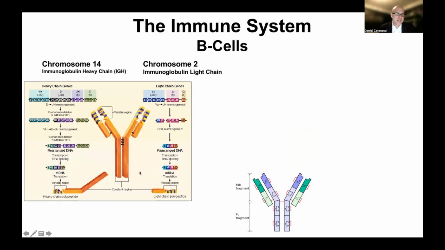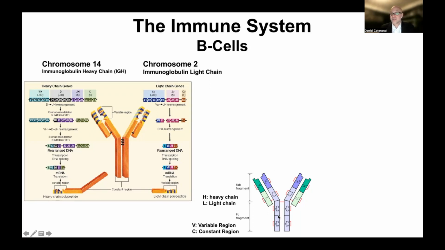And the antibody is composed of two proteins. One is called the heavy chain, and one is called the light chain. And each of the genes is on different chromosomes. And very similar to T cells, they become very variable based on this rearrangement of the gene that leads to a variable heavy chain and a variable light chain. And when they come together, they form a very variable region that is where they bind to antigens, and then a constant region.